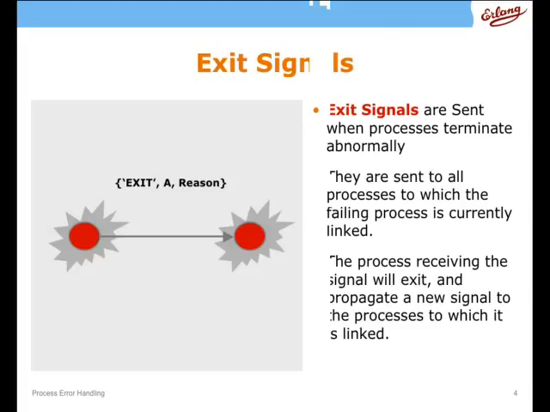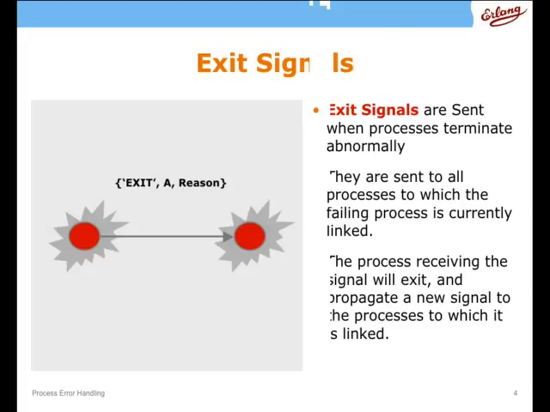When a process terminates, an exit signal is sent from that process to every other process to which it's linked. And the process receiving that signal will exit, and it will itself propagate a new exit message to all the processes to which it is linked.